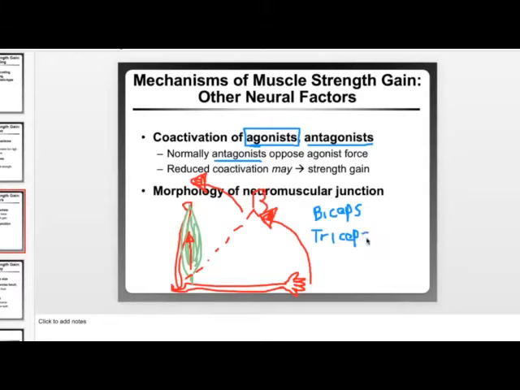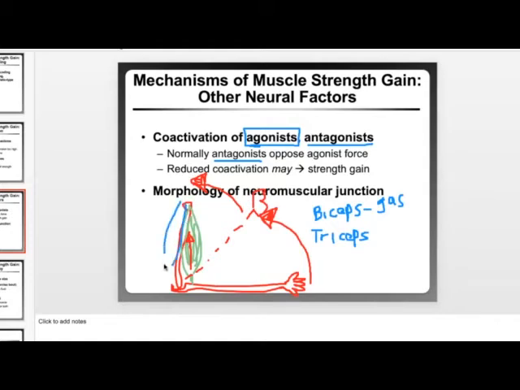Now, if the bicep just continues to fire and fire and fire, eventually it's going to take the forearm and pull it so far in this direction that I could actually injure the ligaments that hold my elbow together. Like there's something that's slowing that down. And the thing that slows it down is my tricep.